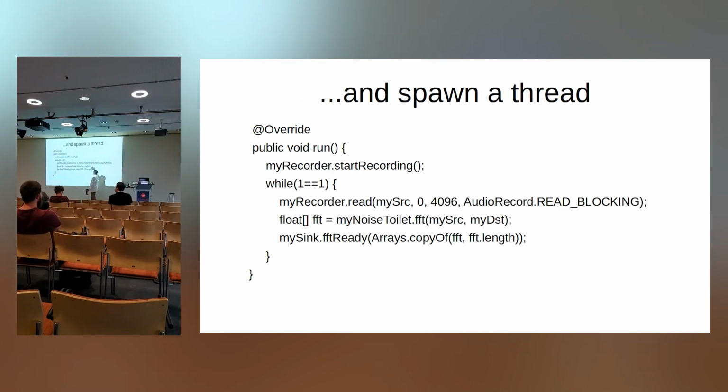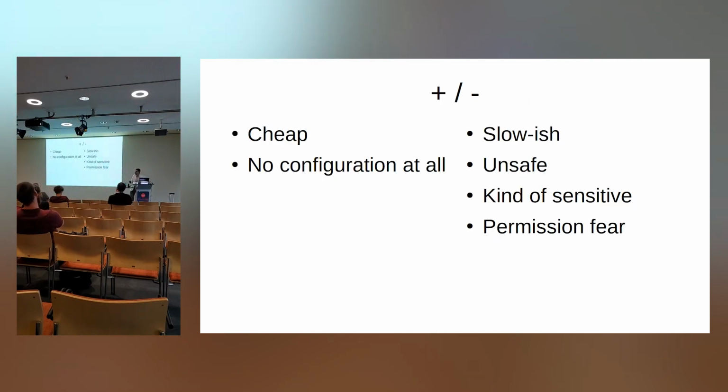It's connected to an audio record object, so you can listen to the microphone. And then you just wait for the frequency packages coming in with your information. And as you see here, it's very cheap. It doesn't need any configuration, but it's a slow way of data transfer. You can have certification problems in the military space because the data obviously can be heard by everyone. And there is the problem of the microphone permission popping up, which some users are afraid of granting to you.